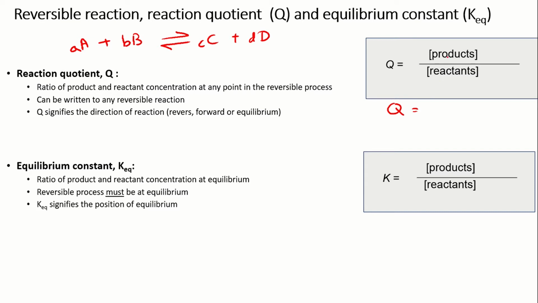That is the ratio between product concentration and reactant concentration, and we also consider the stoichiometric coefficients. Your numerator is going to be the product concentrations with their stoichiometric coefficients, and if you have any other products, list them all with their coefficients, and then you list the reactants as the denominator.